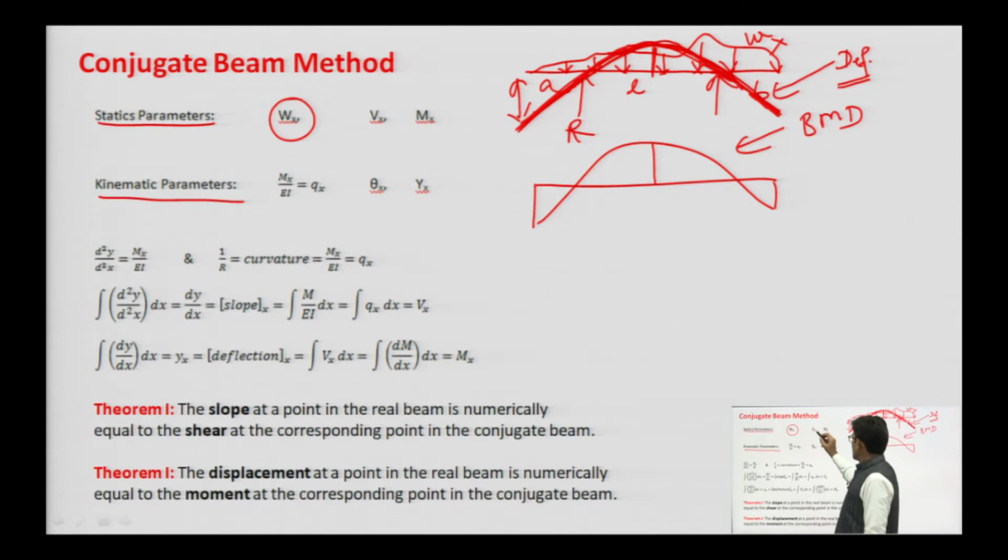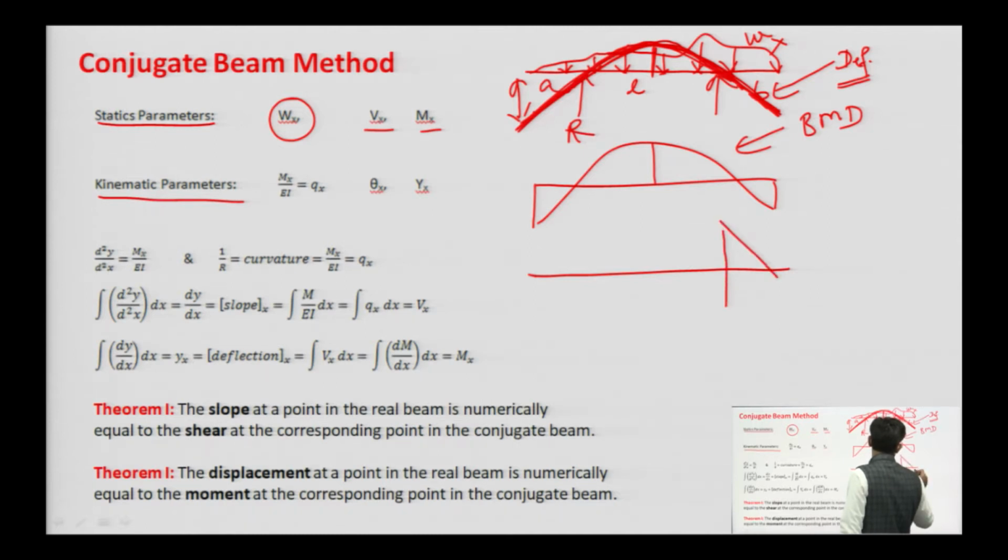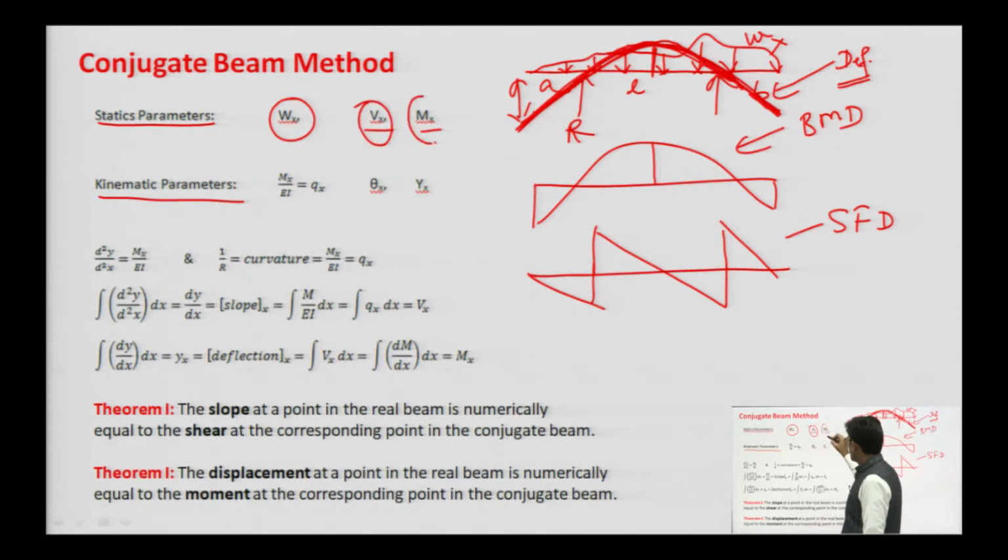Next, the bending moment we have plotted, and the shear force, the SFD. The shear force and bending moment are due to the given loading, and that is why they are the static parameters.